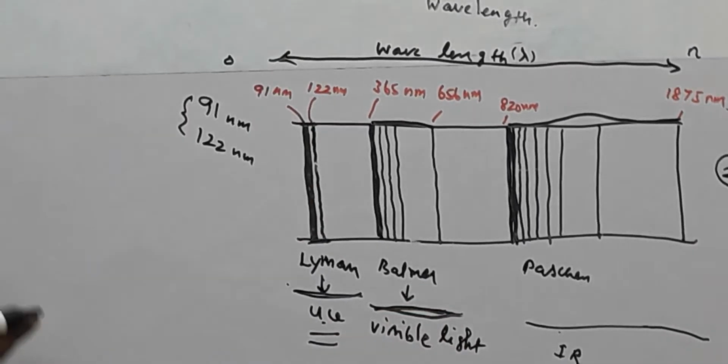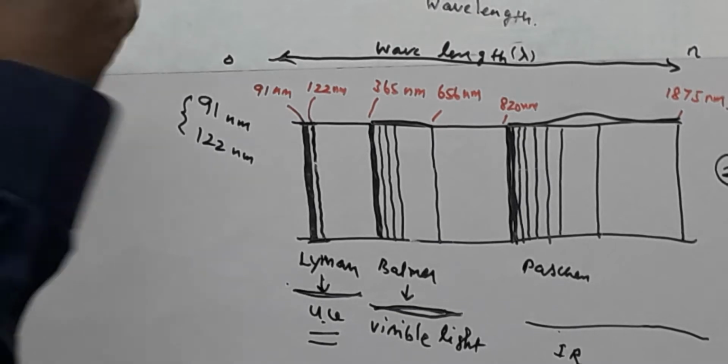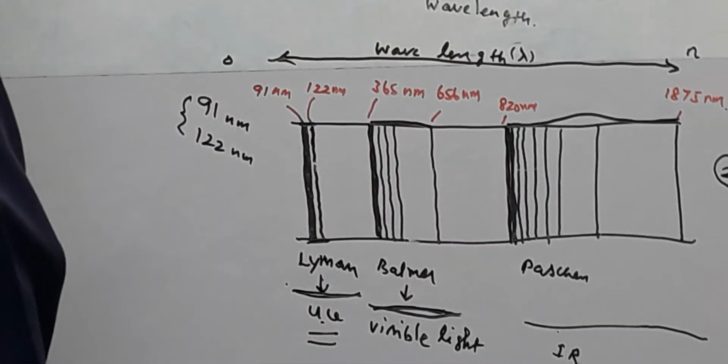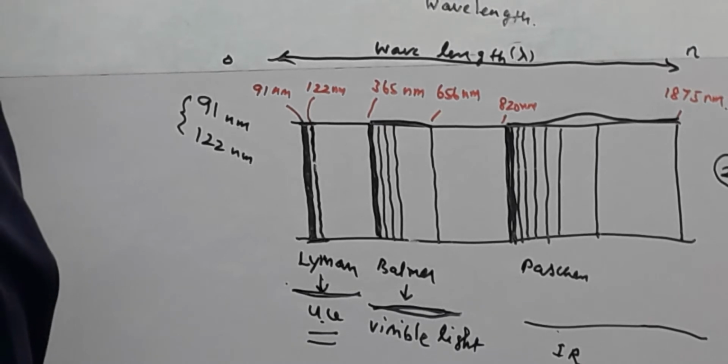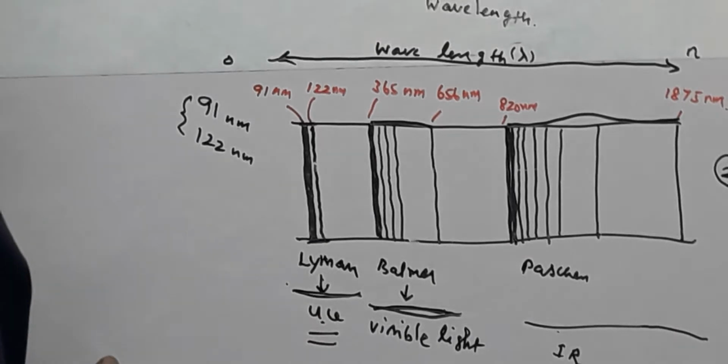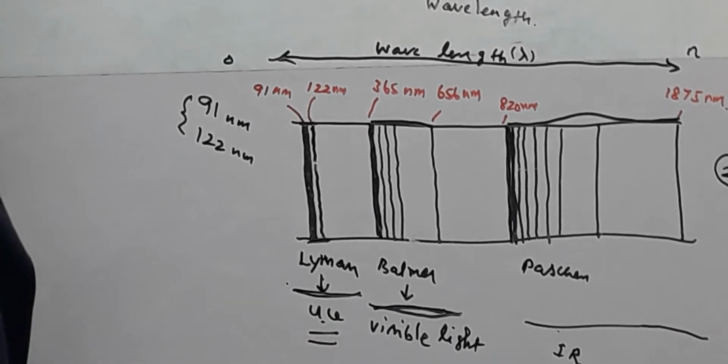One famous question may be asked, which was asked successfully in the past 30 years: in which spectral series are we able to visualize the object? Balmer series. That's all.